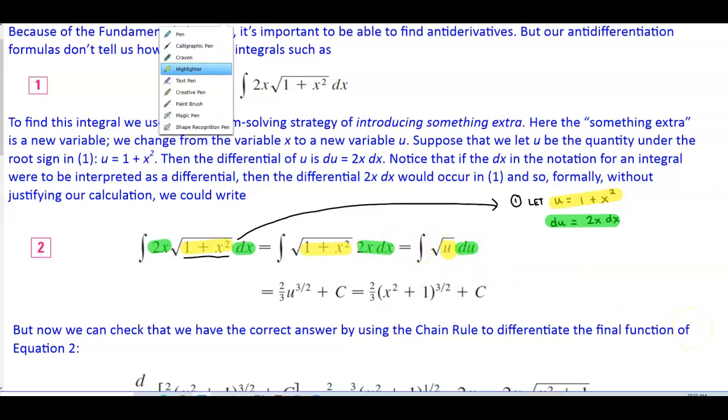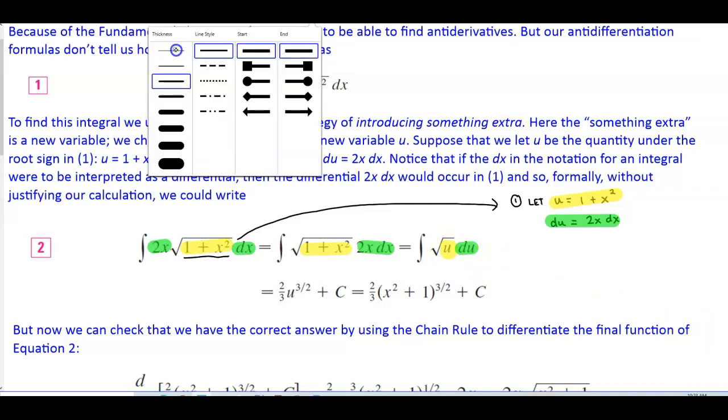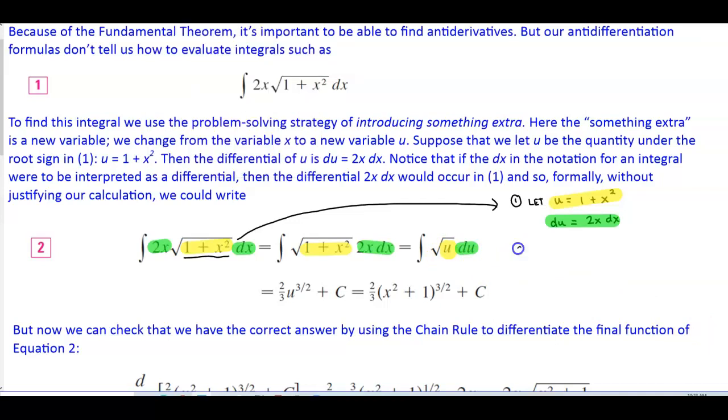Okay, now when we take the antiderivative of that, which is step 2, this is the same thing as the integral of u to the 1/2 du, which then becomes 2/3 u to the 3/2 plus c. And so we can see here now that when we find this antiderivative, we get this result.